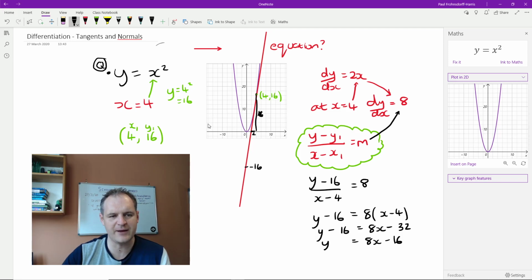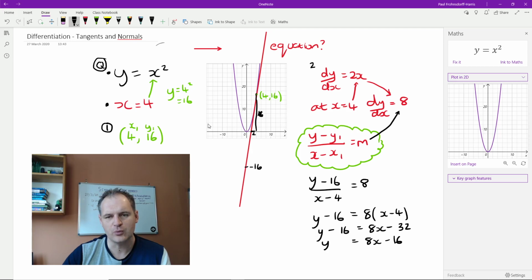We were given that bit and we were given that bit. Step 1 was to find the y value at that point. So we found when x1 was 4, y1 was 16 by putting 4 into the equation itself.